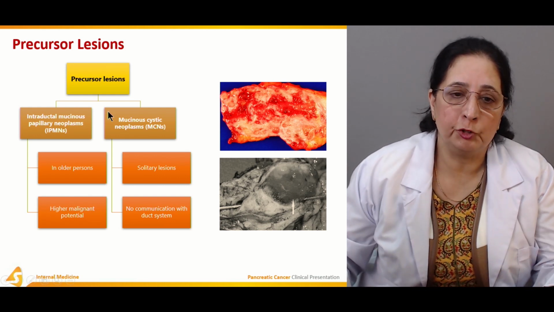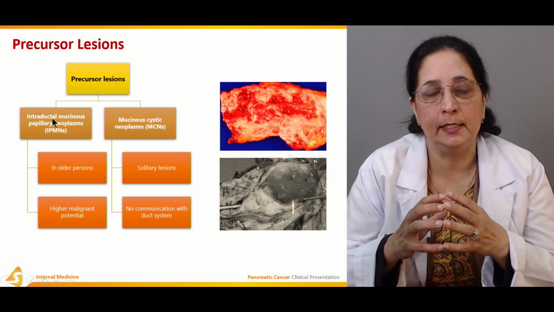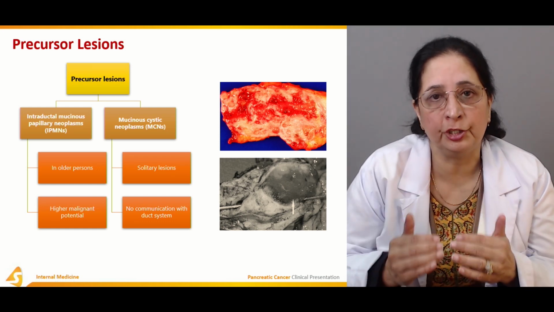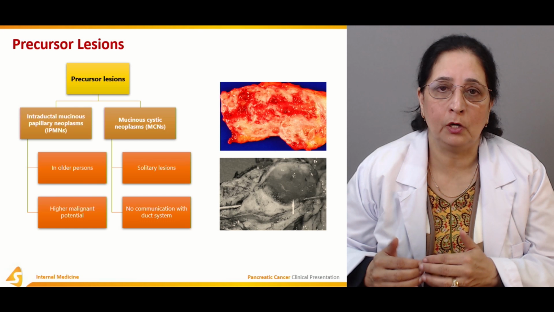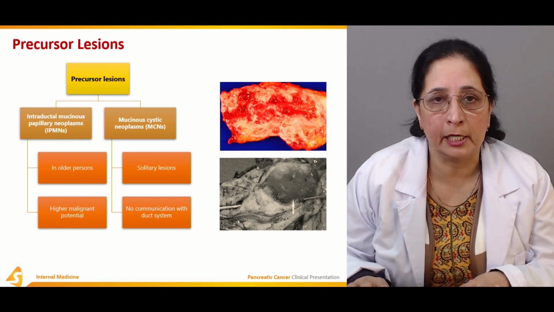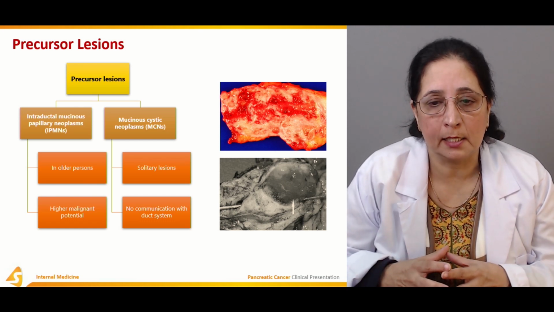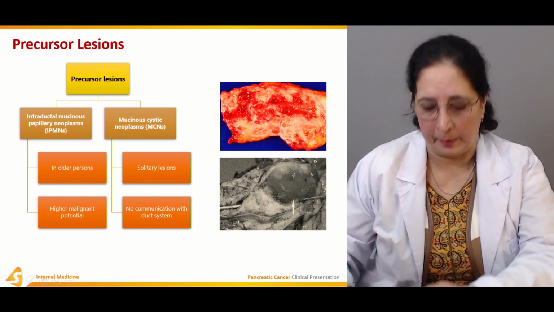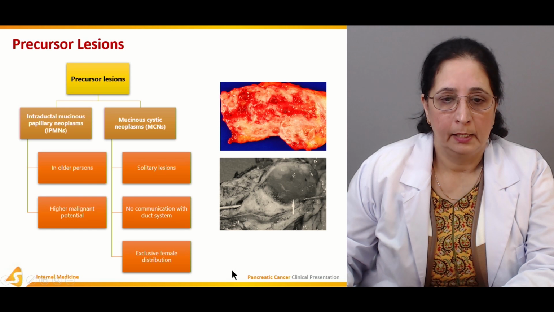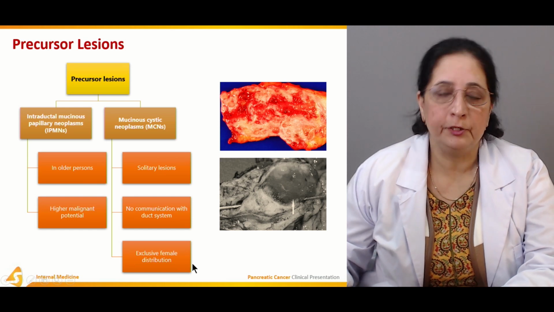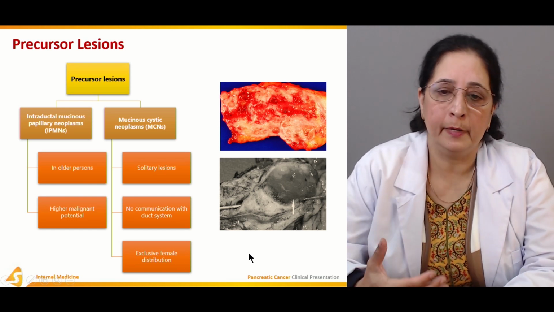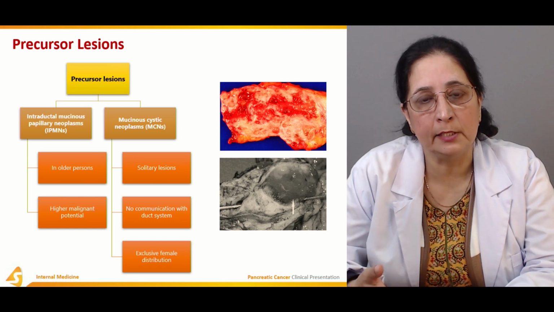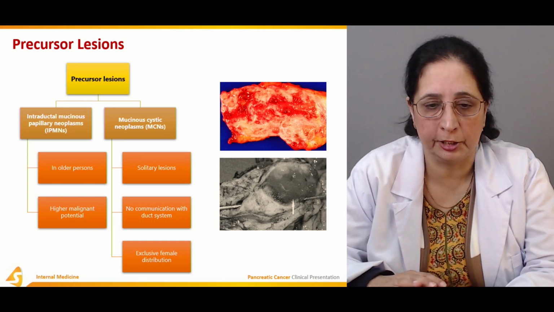As compared to intraductal, which is inside the duct and has a relationship with the duct, this has no connection with the duct. It has an exclusive female distribution. It's common in females.